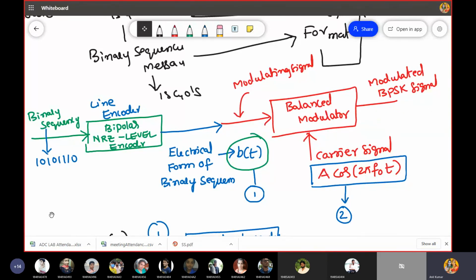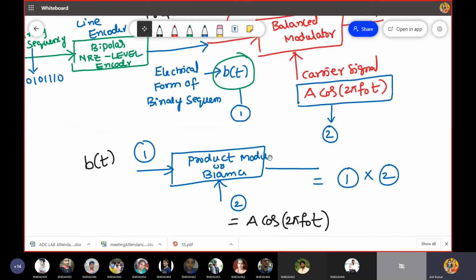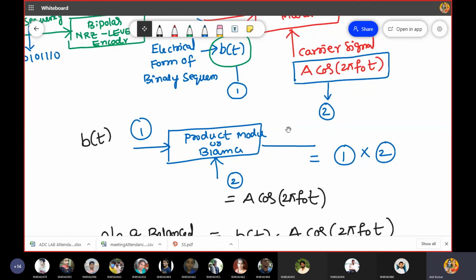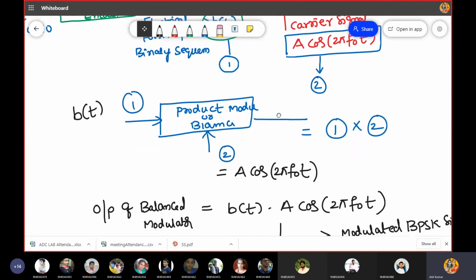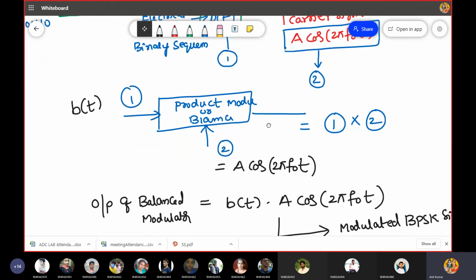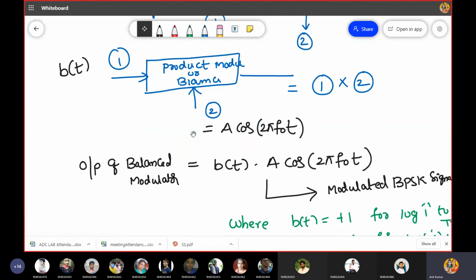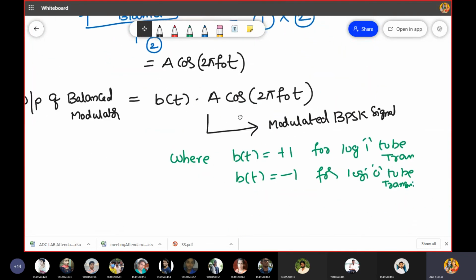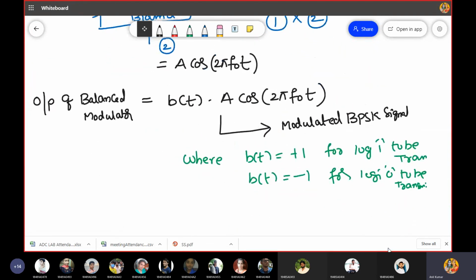Is it okay? So this is called a product modulator. Simply, the product modulator performs a multiplication operation between B of t and A cos 2 pi f naught t. Is it okay? Students, please tell me.